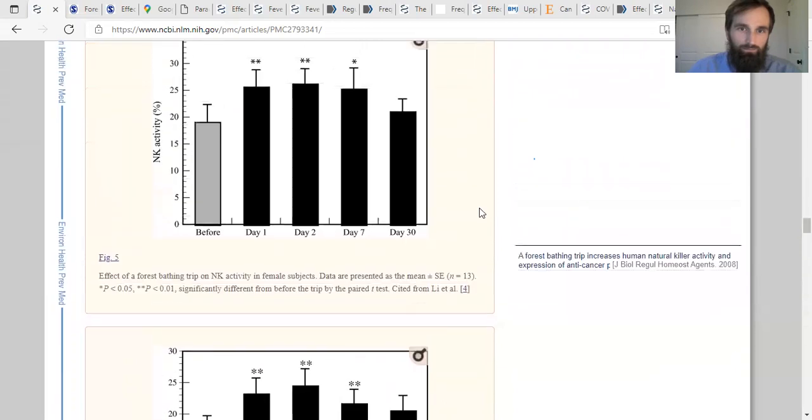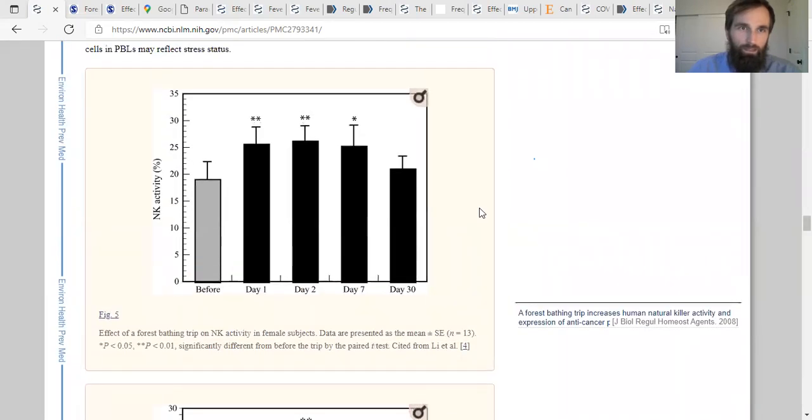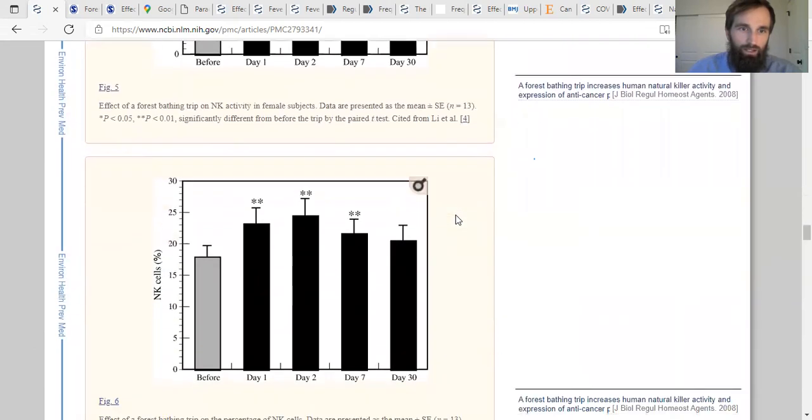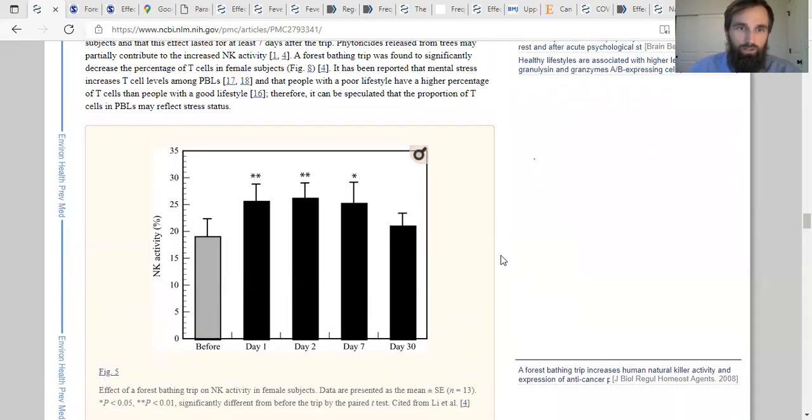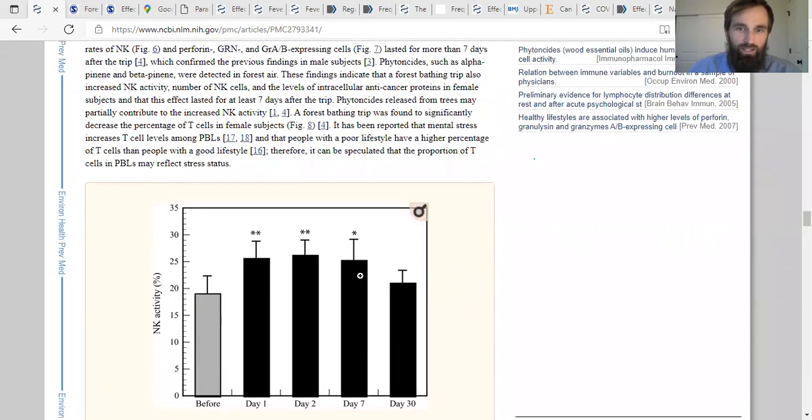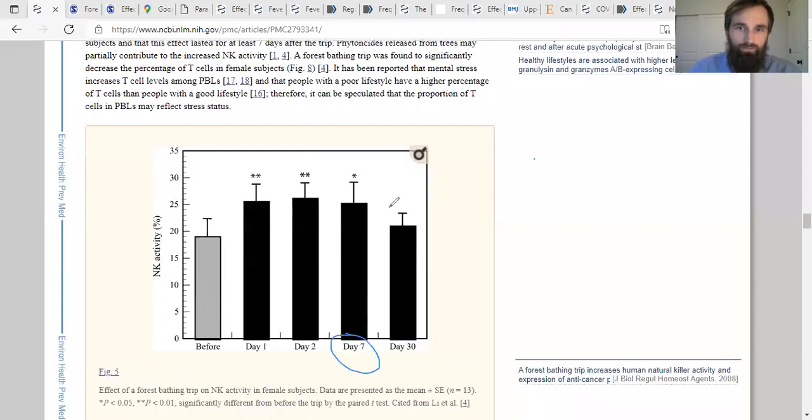This is the natural killer cell activity, and this is the natural killer cells, the actual percent of them. So an increase in both the activity and the percent, and you can see it lasts for up to day 7 before it actually starts to come down.